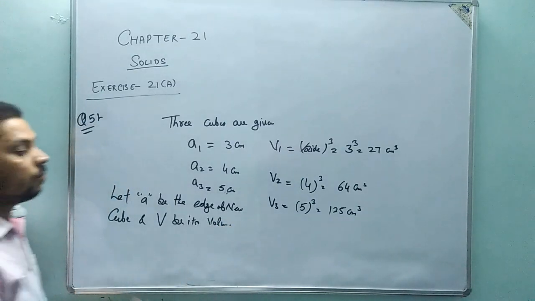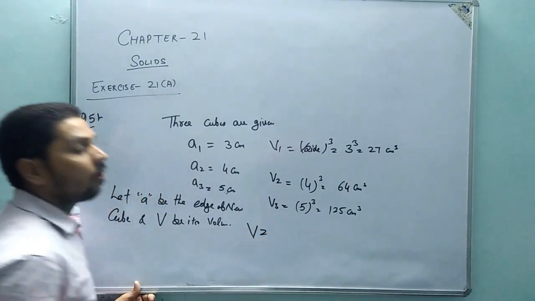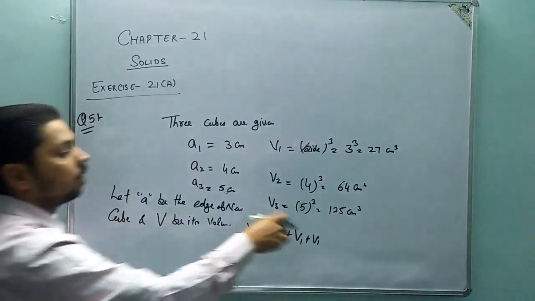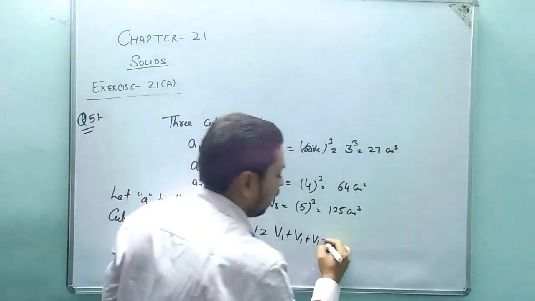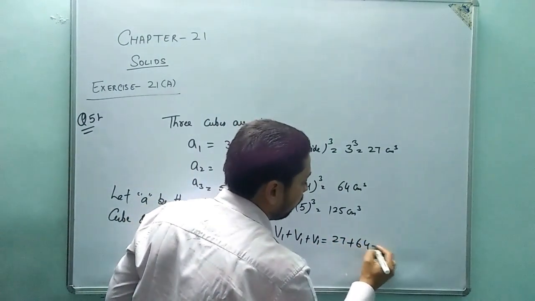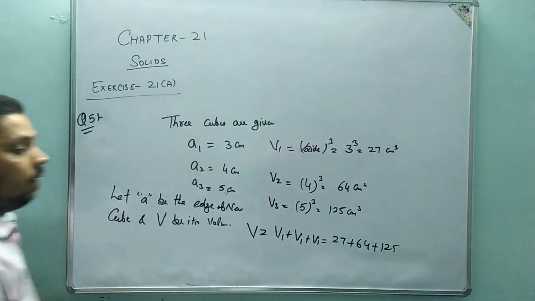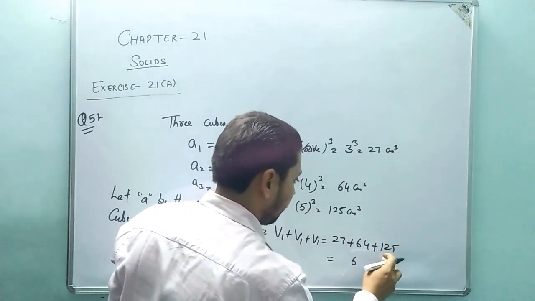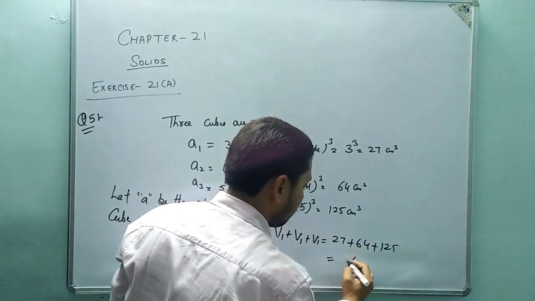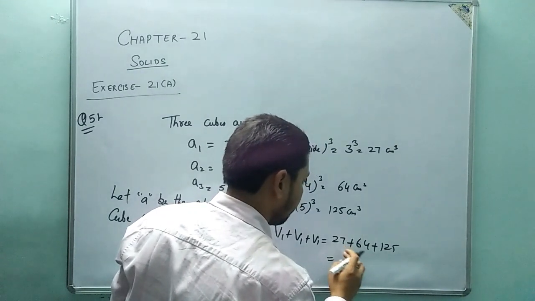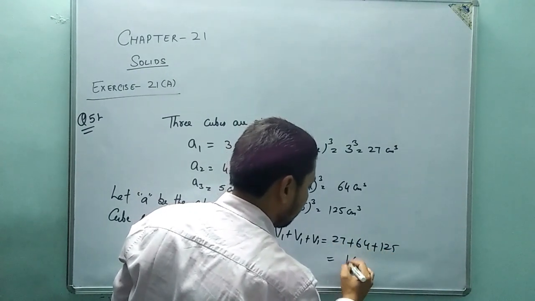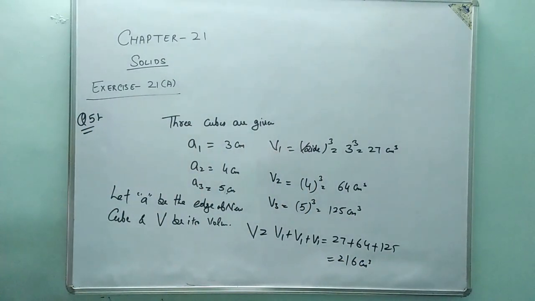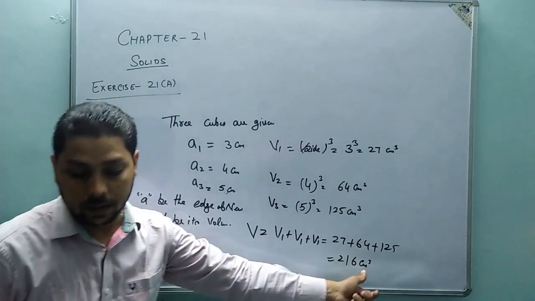Then volume V will be equal to the sum of the volumes of these three cubes, which is 27 plus 64 plus 125, and it will be equal to 216 centimeter cube.